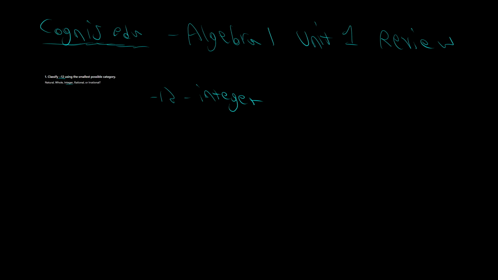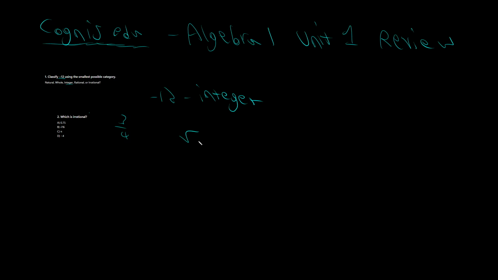Okay, next. Which is irrational? 0.785 can be expressed as a fraction, and if it can be expressed as a fraction, it's not irrational, it's rational. That can be expressed as 3/4.